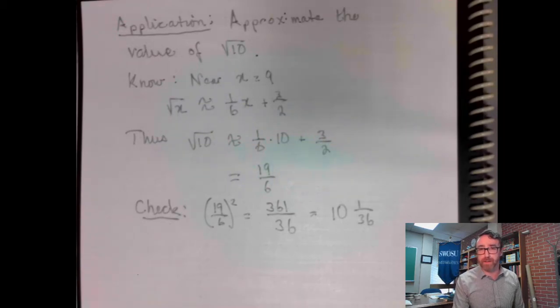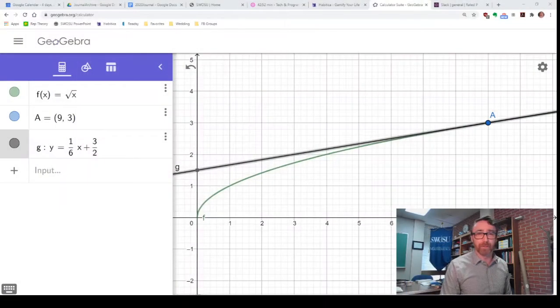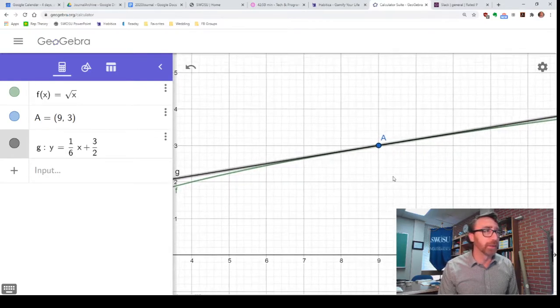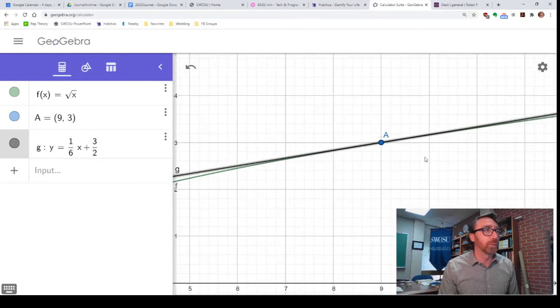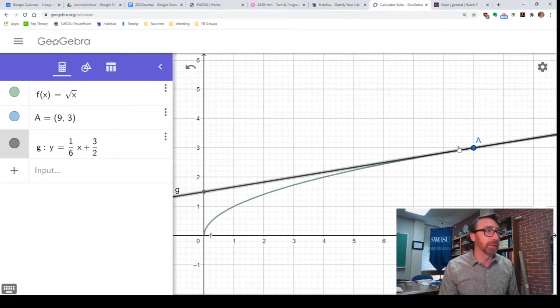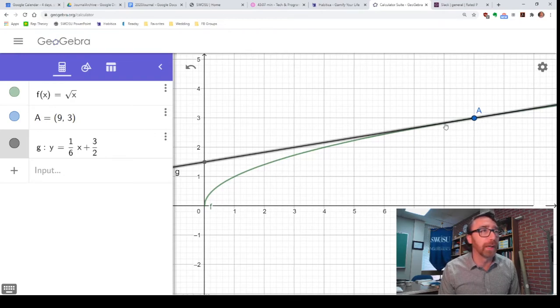So let me switch back to that GeoGebra graph that we had set up here. I'm going to go ahead and zoom in at that point, because the way we had it right here, it might give you the impression that the graph of the tangent line was exactly on the graph of the curve for this stretch.